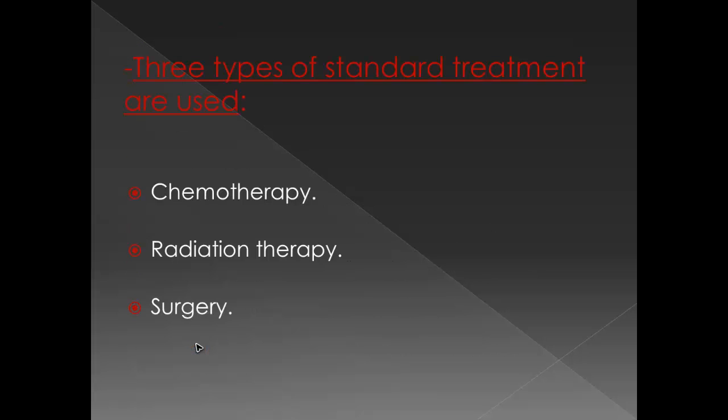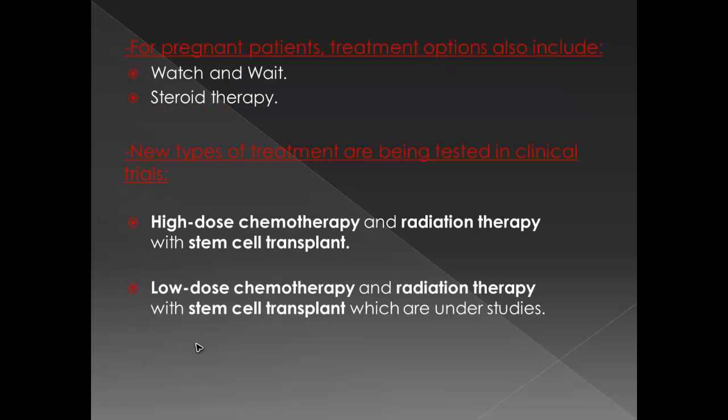We have 3 standard treatments for adults: chemotherapy, radiation, and surgery, which are used respectively. For pregnant patients, we will wait and watch, because we don't want to affect the embryo with chemotherapy nor with radiotherapy.